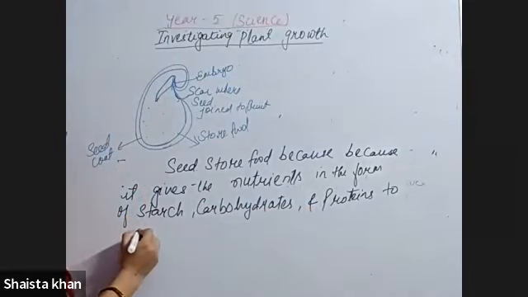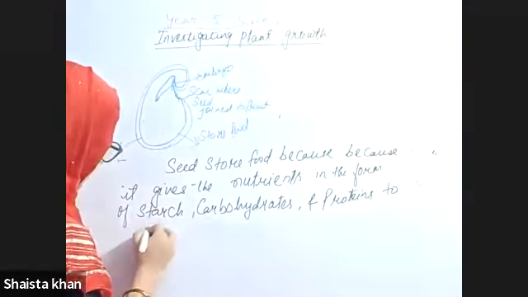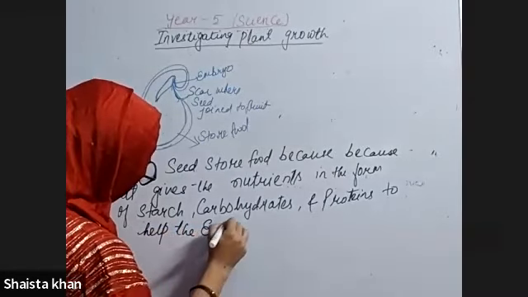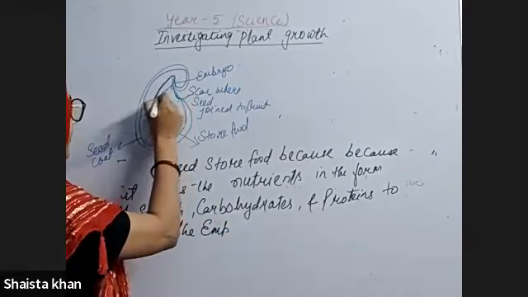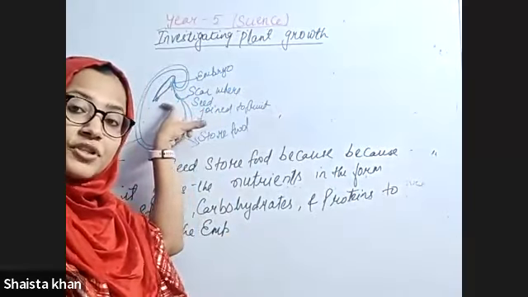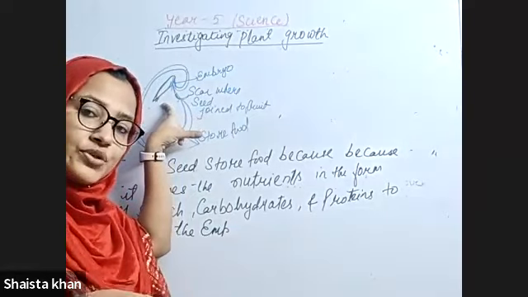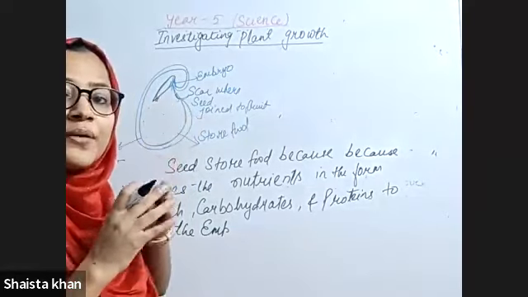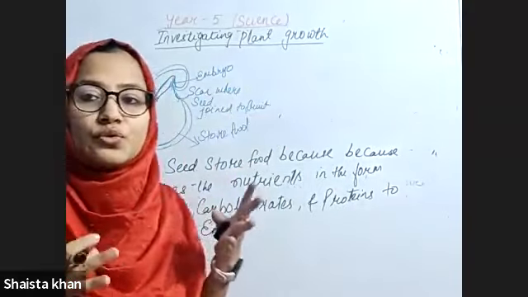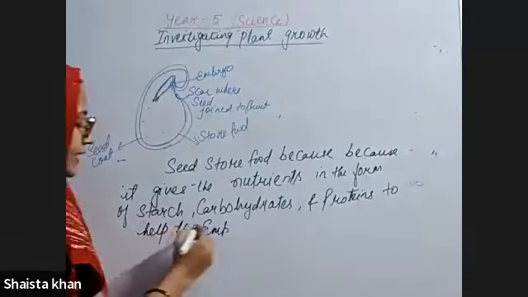Proteins help the embryo germinate. This part is the embryo, which, after it gets food and nutrients, will grow into a small plant with a shoot part and a root part.